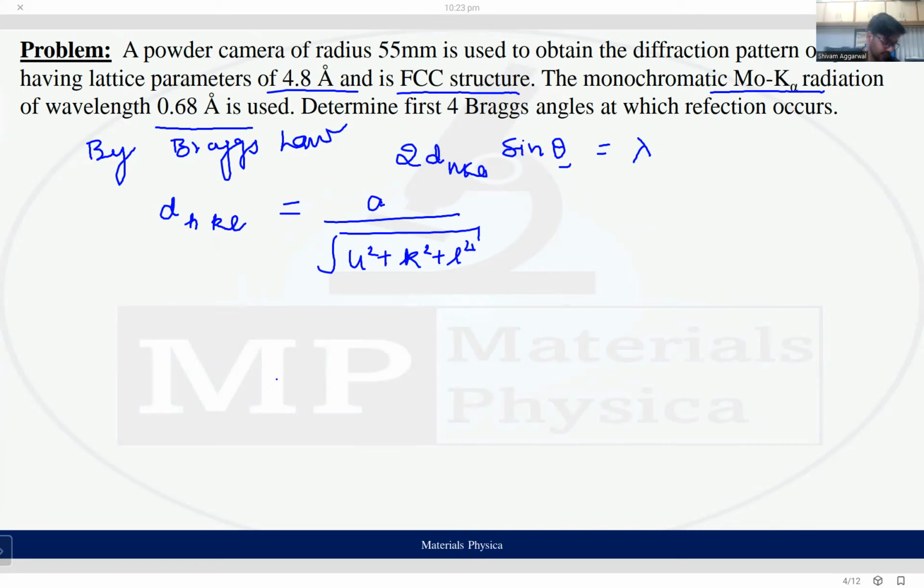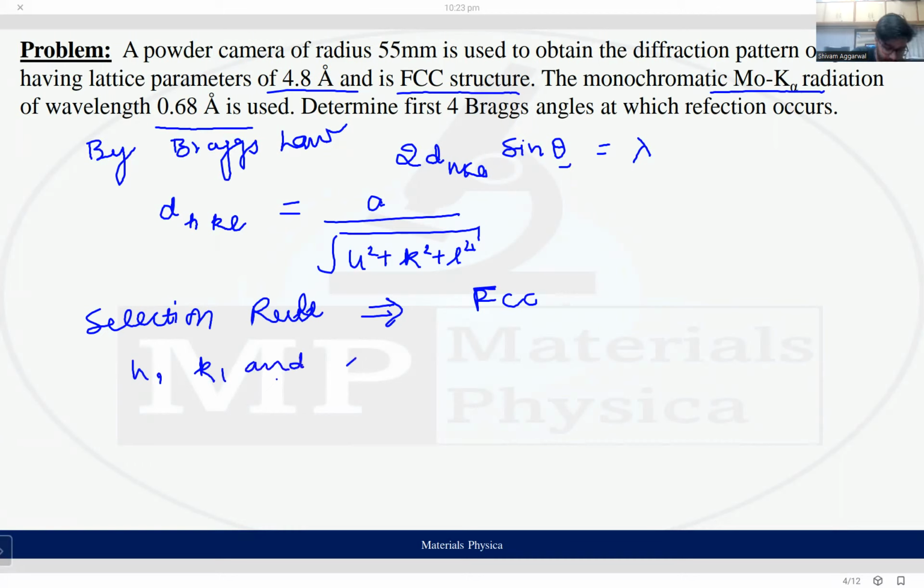For the first 4 Bragg's angles, we know there is a selection rule for the values of hkl for an FCC type of crystal. All of h, k and l should be even, or all should be odd.